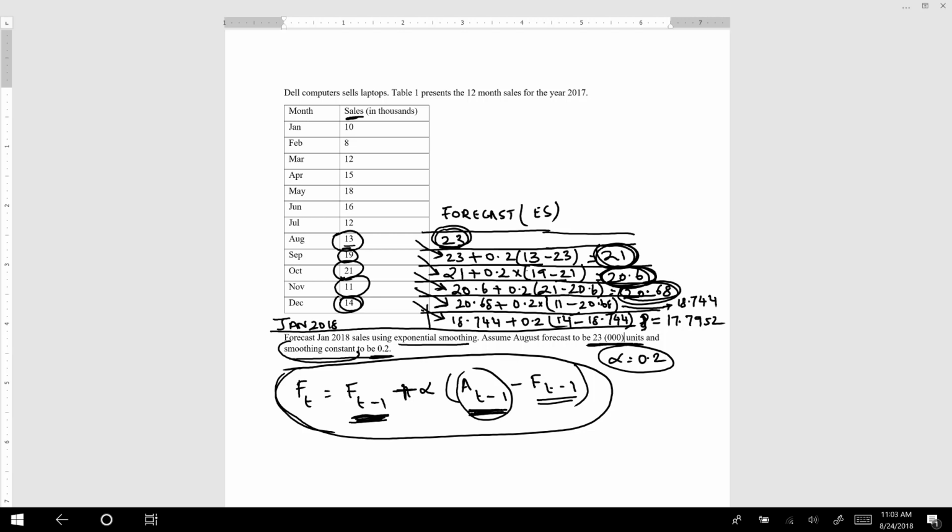So our forecasted value for January 2018 would be 17.7952. I can round it off to 18, or because this is in thousands, I don't have to round it off. I can say 17.7952 multiplied by 1000.